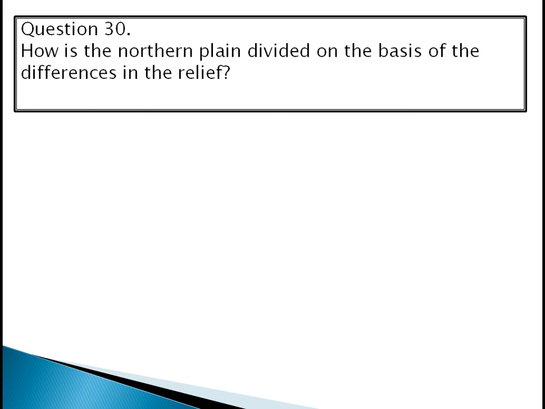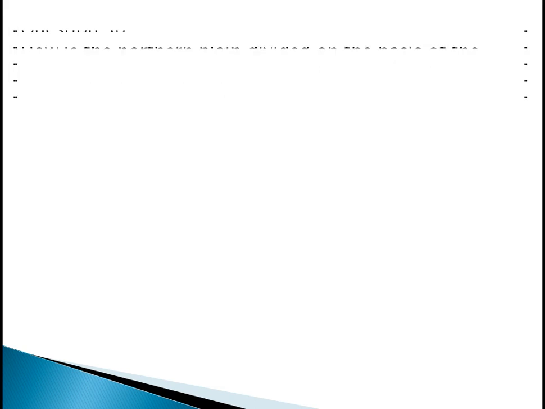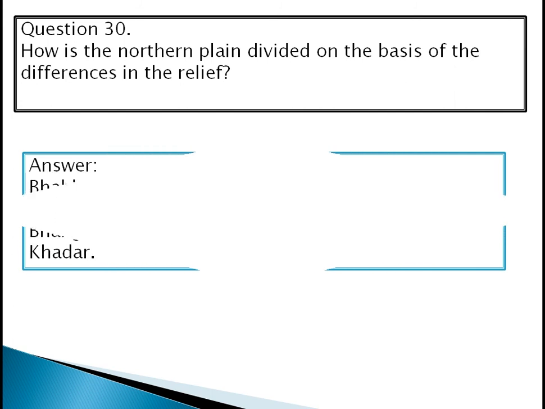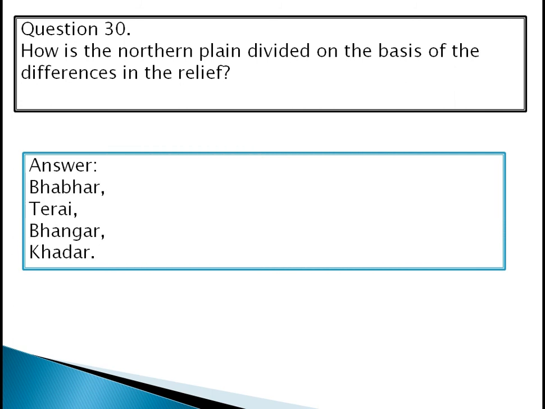We are talking about the new alluvial, old alluvial, Terai, Bhabar and so on. So the answer is Bhabar, Terai, Bangar and Khadar. Please check the answer and the question properly.